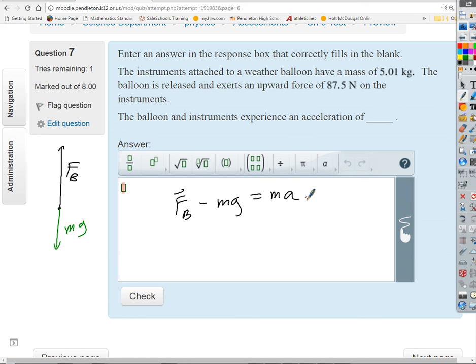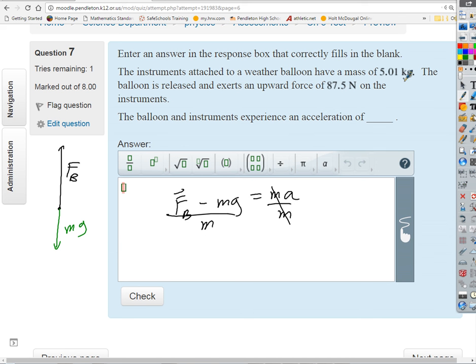What are we solving for? Acceleration. So all we're going to do is just divide by mass, right? Okay, everybody agree? And that's just stuff we know. Buoyant force is 87.5, m is 5.01, g is 9.8.